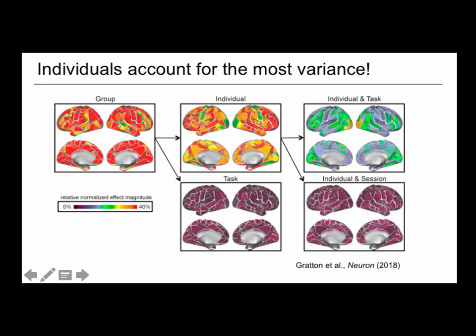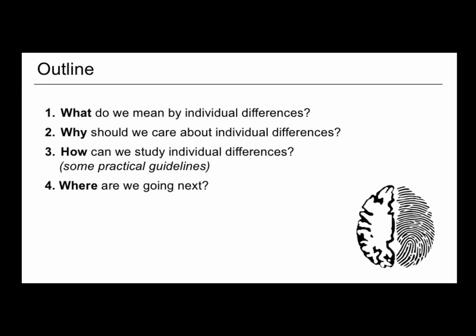But overall, you can see that this factor here is really dominating above and beyond either task or session. So there really does seem to be something intrinsic about these data to each individual. Okay, so we've established that these individual differences exist, but why should we care about them?